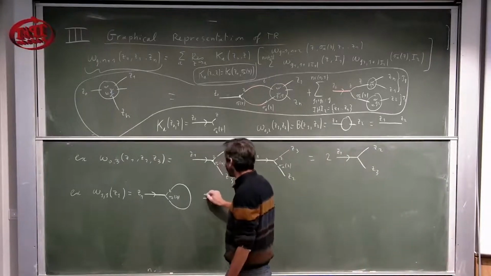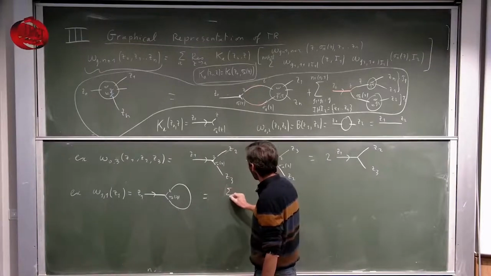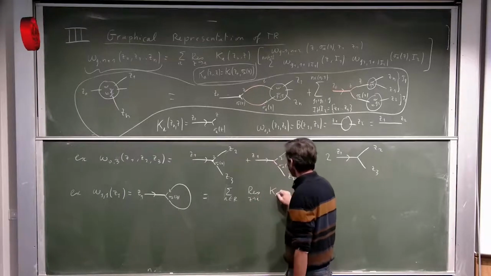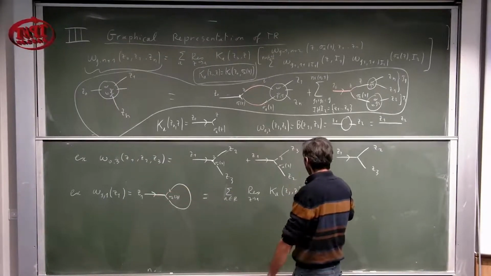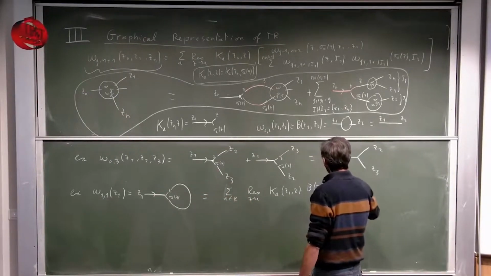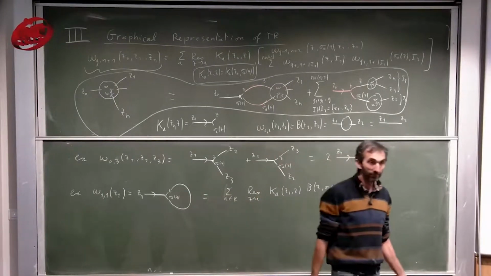By definition, this graph means exactly sum over a, residue Z goes to a, K_a, just reading it off the graph, K(Z1, Z) times B(Z, sigma of Z). This is just what I read from the graph.